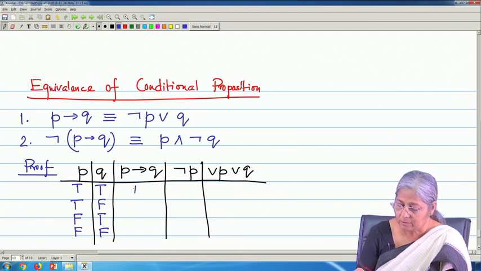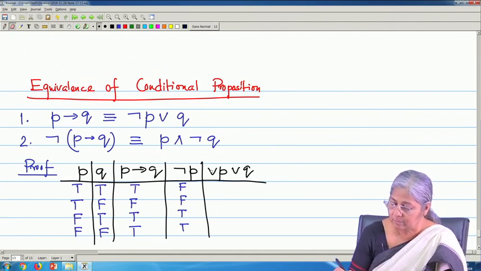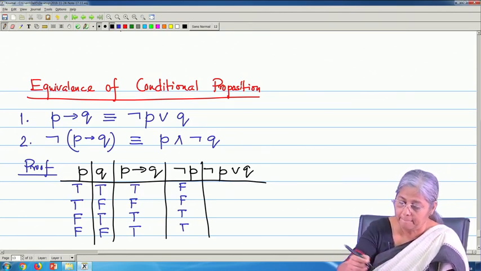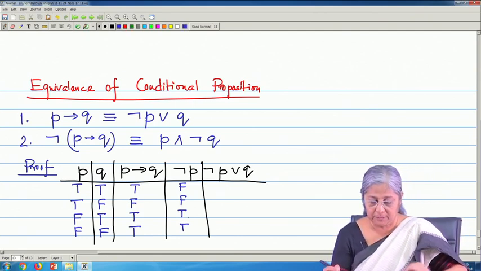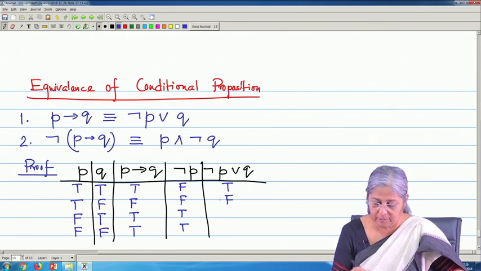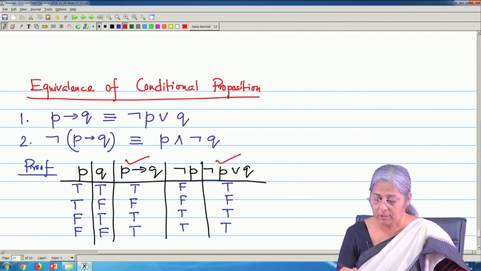Then P implies Q is true, only this one is false: T, F, T, T. Now, negation P is F, F, T, T. Now, negation P or Q: F or T is T, F or F is F, T or T is T, T or F is T. So, if we see P implies Q and negation P or Q, they are taking the same truth values. So, it is proved.